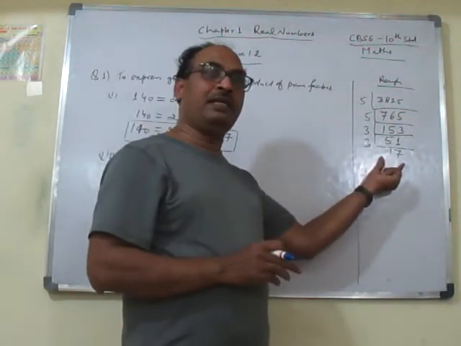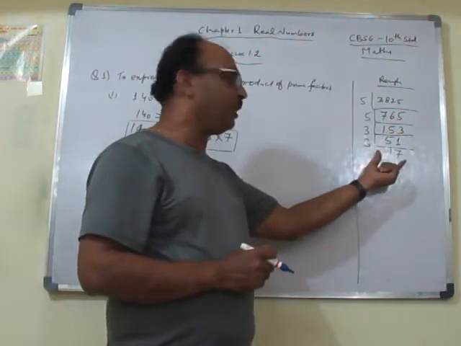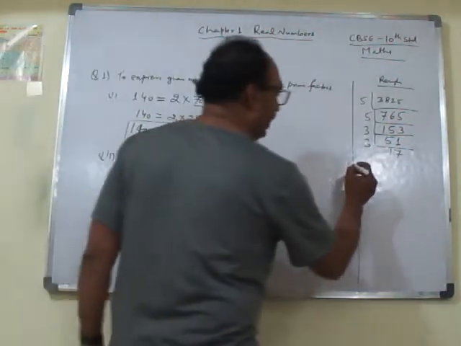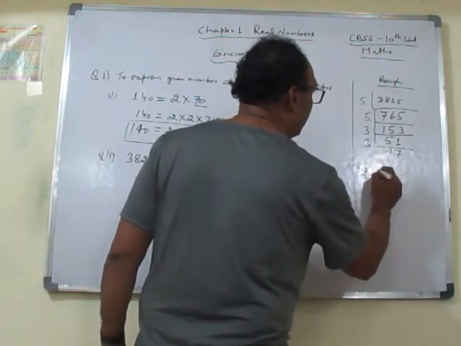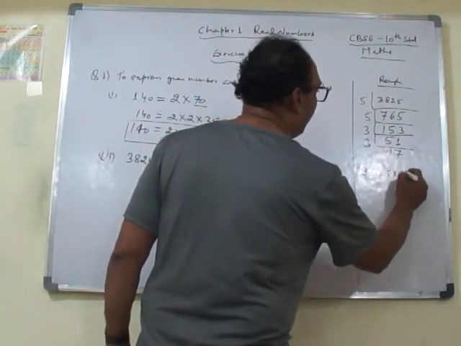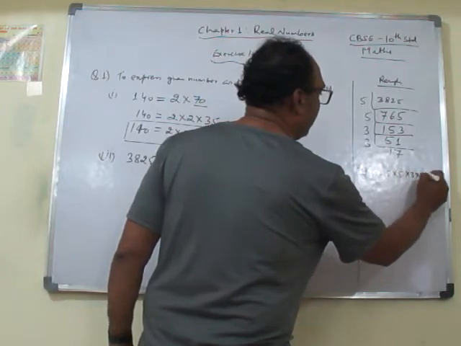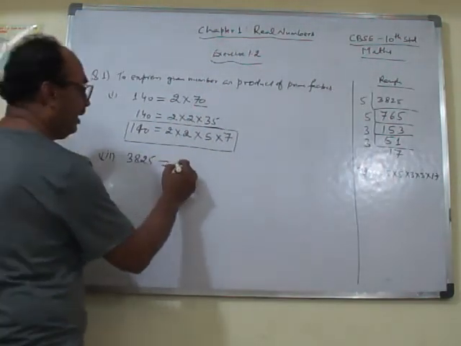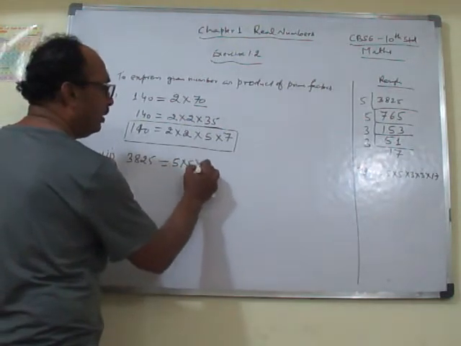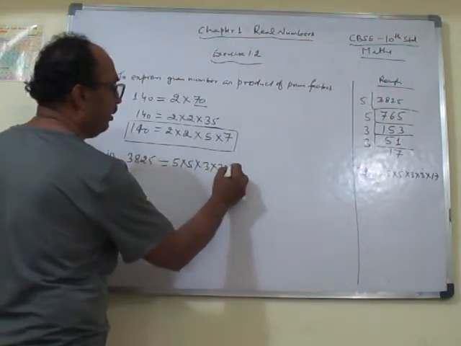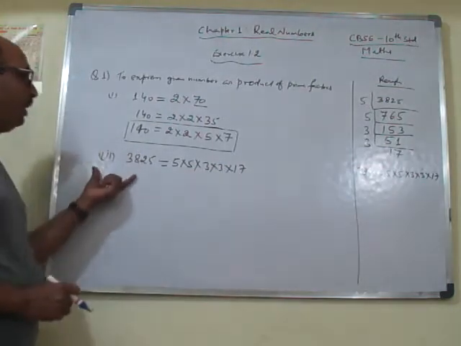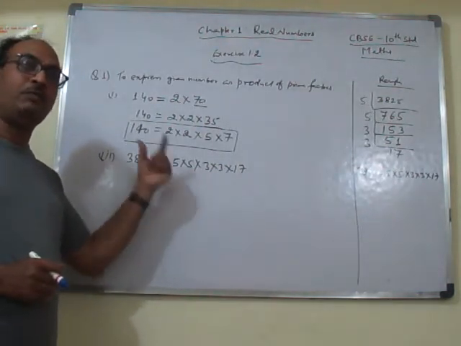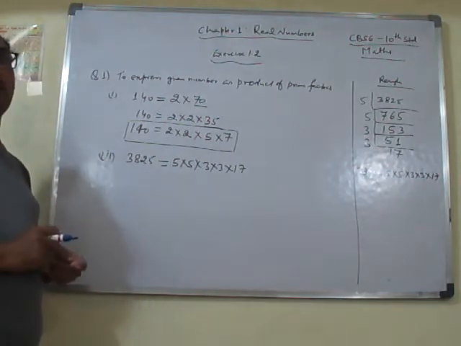As 17 is a prime number, we cannot divide further. So 3825 has become 5 into 5 into 3 into 3 into 17. In this way we have converted the given number into a product of primes by utilizing the fundamental theorem of arithmetic.